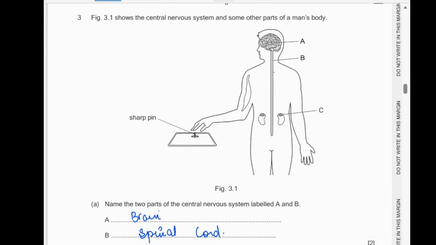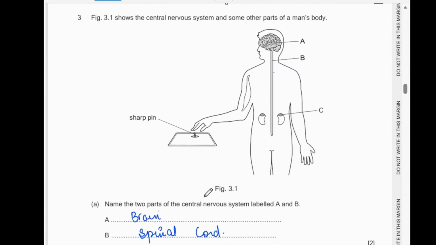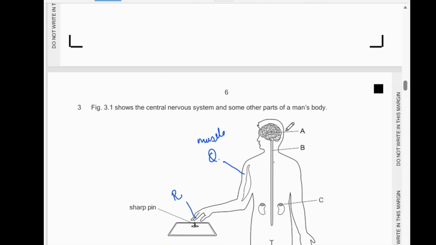Okay. If you touch a sharp object, where would the receptors be? And where are effectors? The muscles are effectors. Okay, so it is labeled as E.